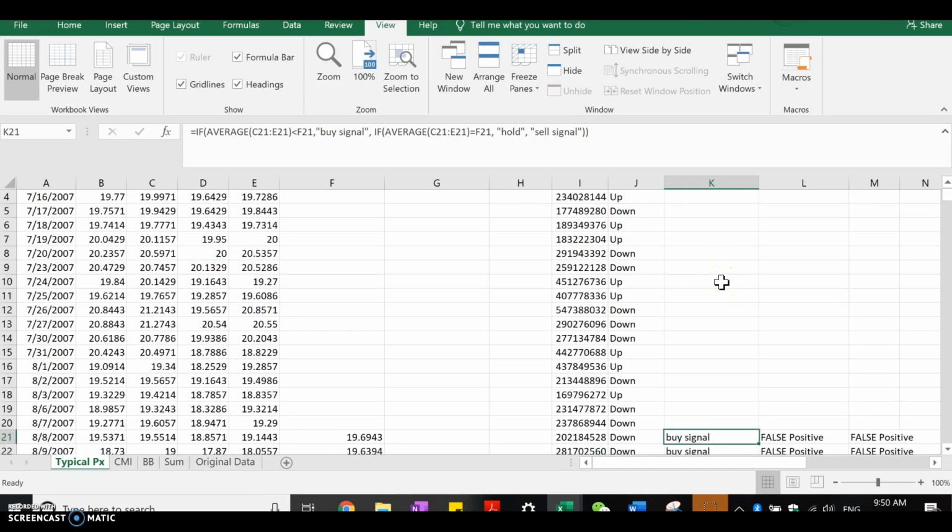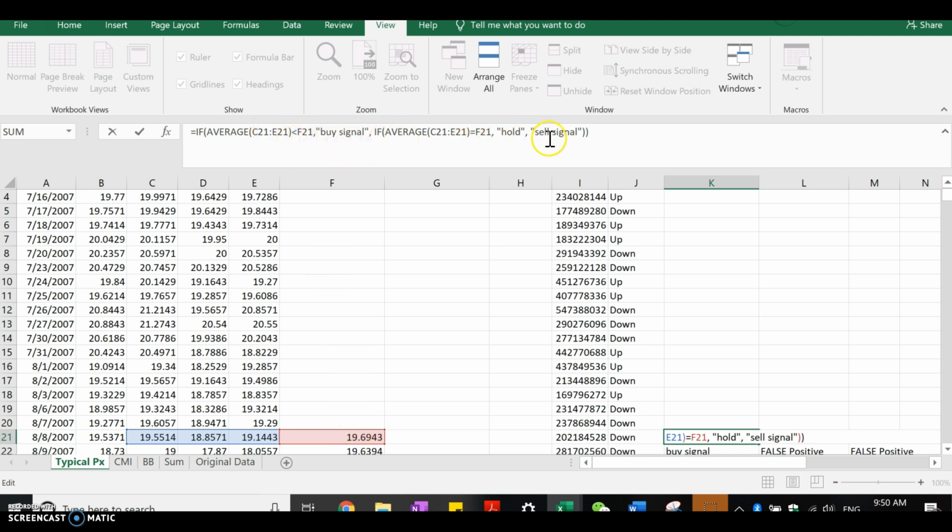The formula here is just the average of the close price, high price, and low price. Then we compare the average to the simple moving average. If it's smaller than that, we say it's a buy signal. Otherwise, it's a sell signal.